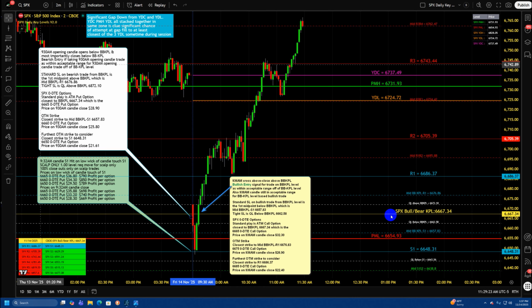It is not meant for swing trading, because every day you're going to get a new bull-bear key price level and new updated R and S levels. So it doesn't make any sense to use options that expire a week from now, because then you're paying a lot for time value on options, which is completely unnecessary if you're just holding on to a position for a few minutes or for a few hours and opening and closing them in the same session.